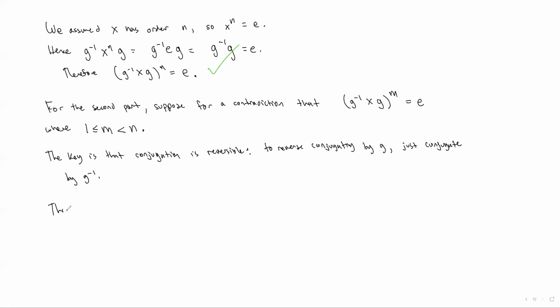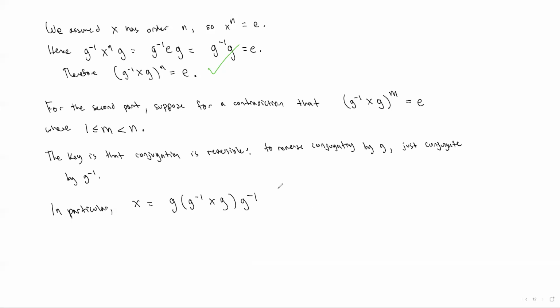In particular, we can get X from G inverse XG. We can just conjugate by the inverse element. So X is equal to G inverse XG conjugated by G inverse. So it's G times G inverse XG times G inverse.